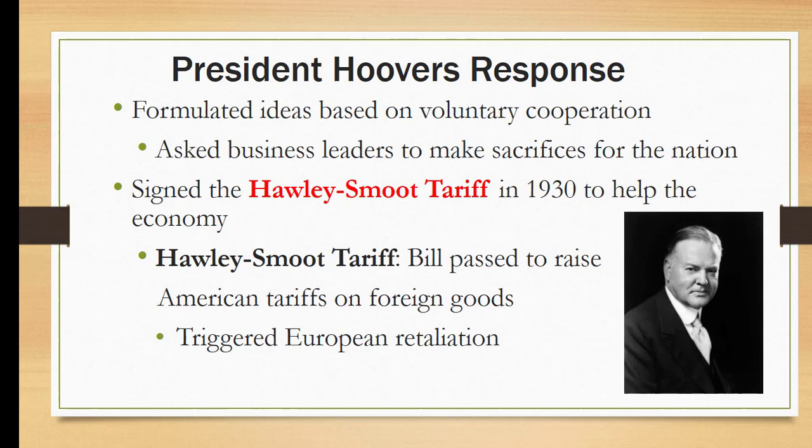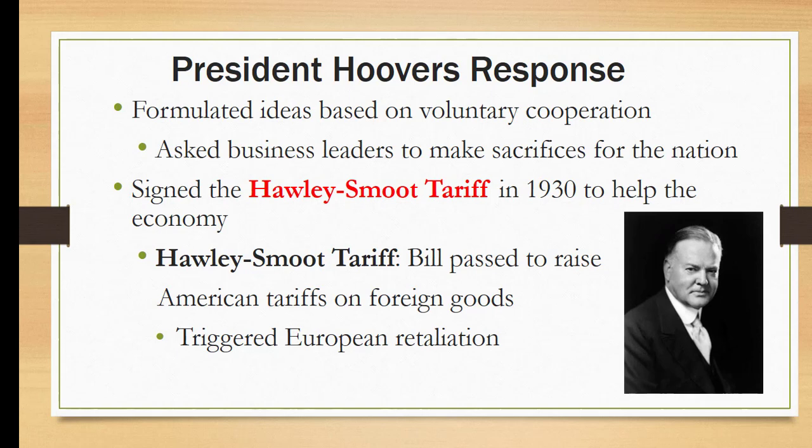And so when the United States raises tariffs on foreign goods coming into the country, the European countries are going to raise tariffs on American goods coming into their respective countries. Now, moreover, last week we discussed the Versailles Treaty and the reparation payments that were demanded from Germany.